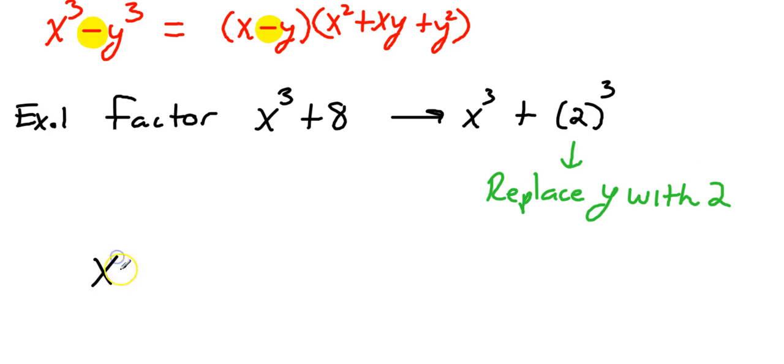So we had x cubed plus, sorry, I was going to write the formula out, but I think we'll just skip through it here. My bad. So you're going to do parentheses, x plus, again, take out the y and make it a 2.